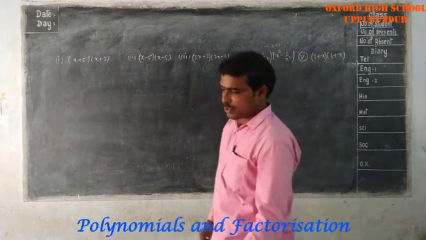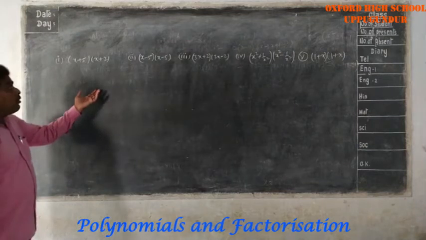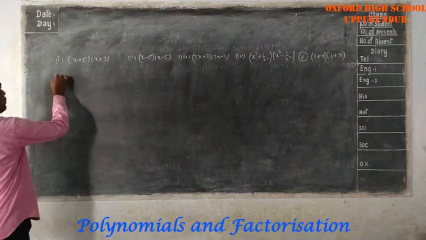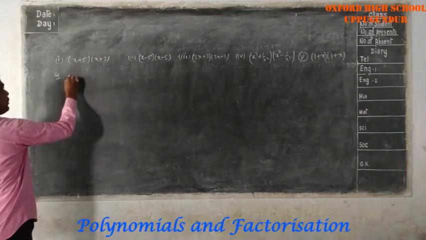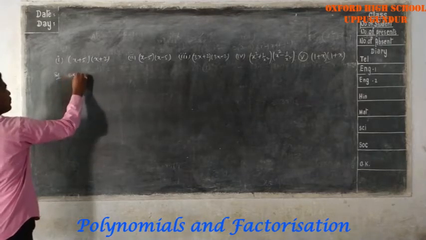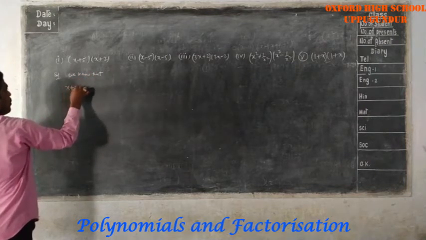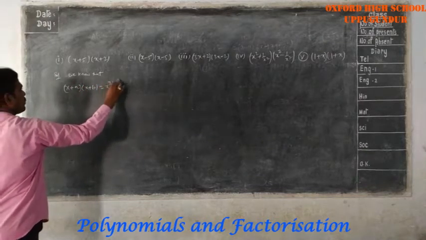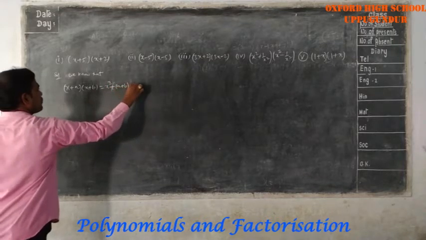So this is about the first one. By using a suitable identity, you have to find these values. When you observe, the first one is in the form of an algebraic identity, so you have to write that. We know that (x plus a) of (x plus b) equals x square plus (a plus b) of x plus ab.